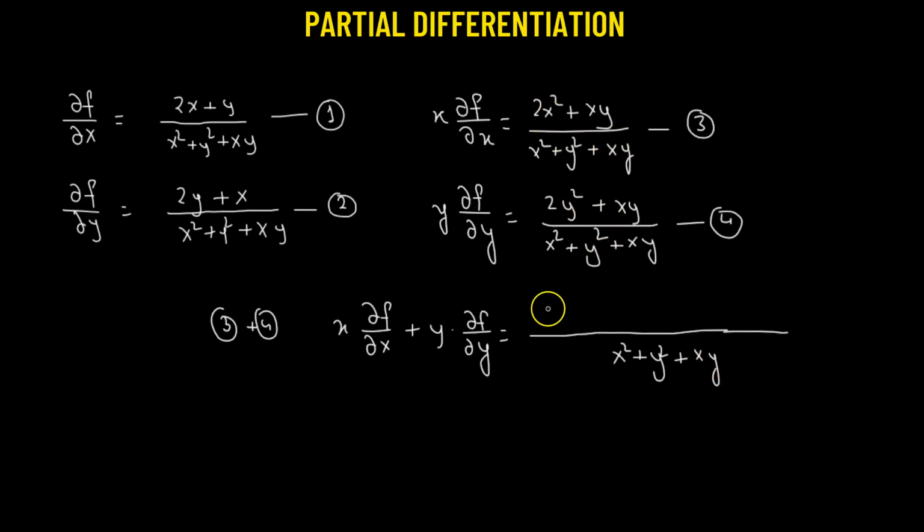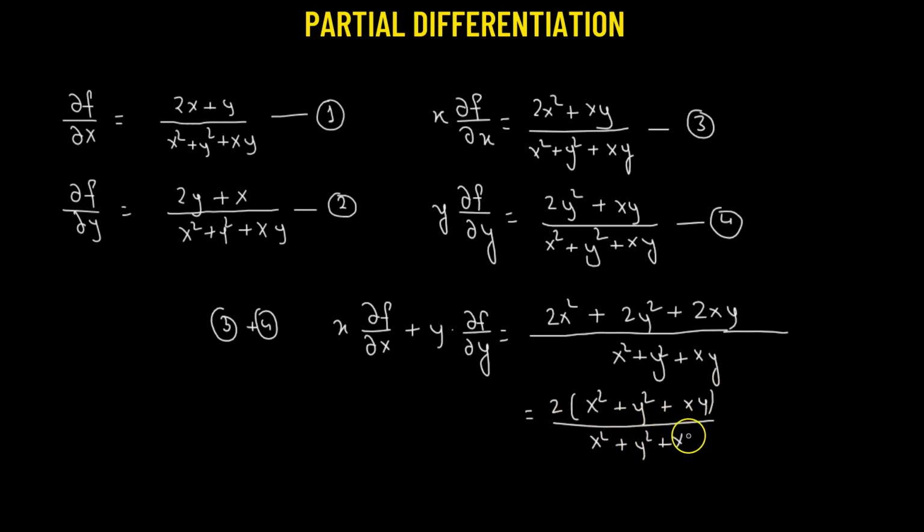So we have 2x squared plus 2y squared, and xy added to xy, which becomes 2xy. We take 2 as the common factor in the numerator, which gives us 2 multiplied by x squared plus y squared plus xy, whole divided by x squared plus y squared plus xy. So x squared plus y squared plus xy cancels out from both the numerator and the denominator, and this leaves us with a value of 2. Therefore, the value of x times the partial of f with respect to x plus y times the partial of f with respect to y is equal to 2.